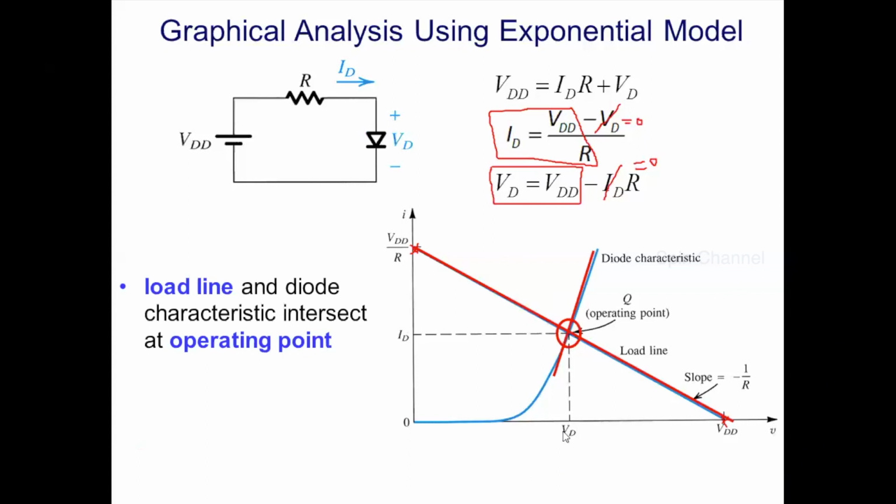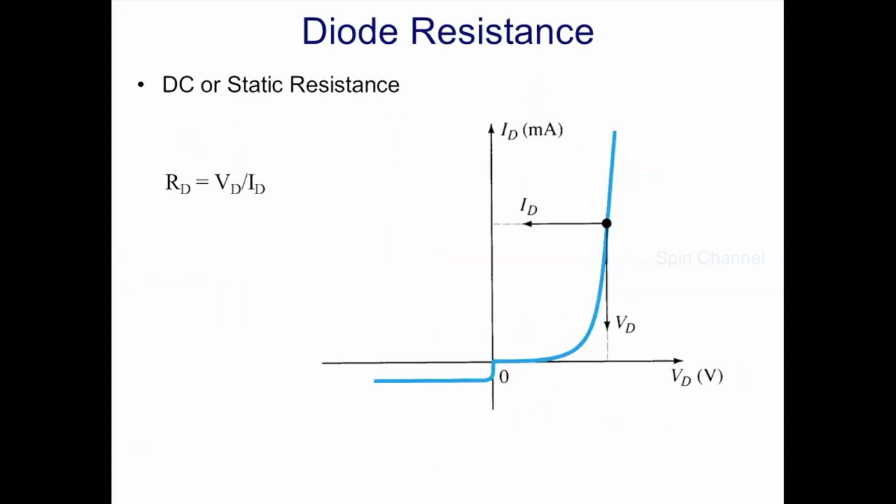Now let us see what is the resistance of the diode when the diode is in conduction. So consider the characteristic curve, and a point is taken on the characteristic curve that will give you the values of ID and VD. So the ratio VD divided by ID is nothing but the resistance, which is called DC or static resistance. Now consider a point taken somewhere here.